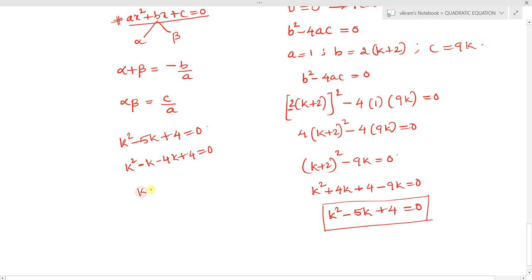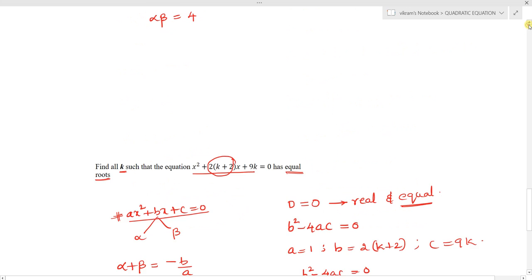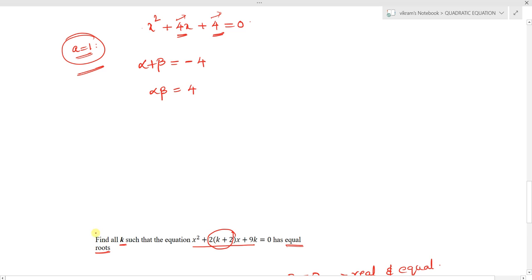Then we can write it in the form of k minus 1 into k minus 4 equals 0. Then we get k equals 1 and k equals 4. So the possible values of k for the given quadratic equation are k equals 1 and k equals 4.